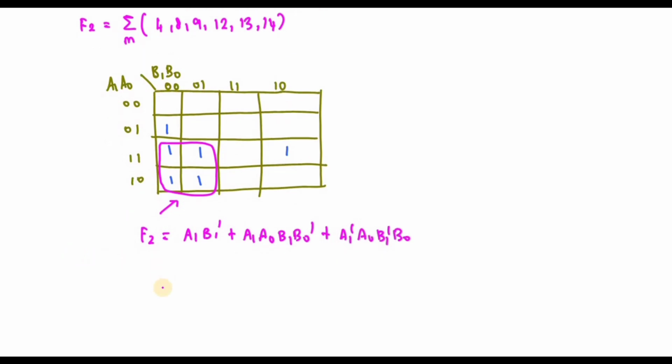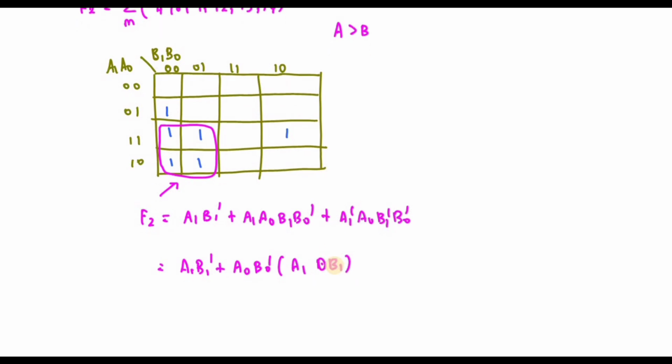So in this, I can write A1 B1' plus, if I take here, you can see A is greater than B, right? So if I take this B1', A1 XNOR B1 and A0 B0' common, I will get A1 XNOR B1. Okay.